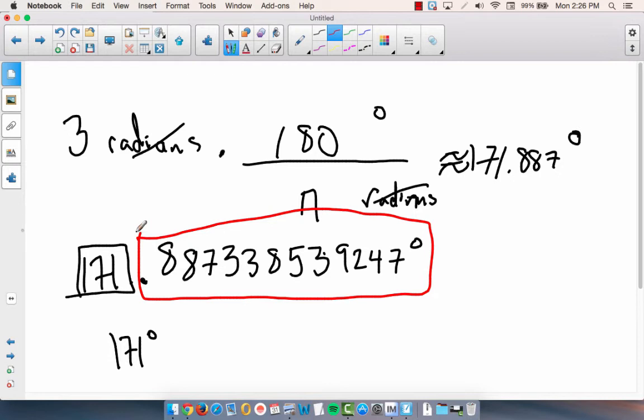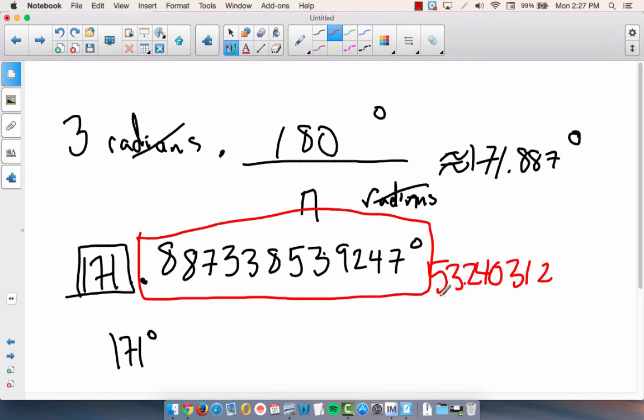When I subtract 171, my calculator now just has this decimal, the 0.887 and so on. I'm going to take that decimal and multiply by 60, and that comes out to be 53.240312 and so on.